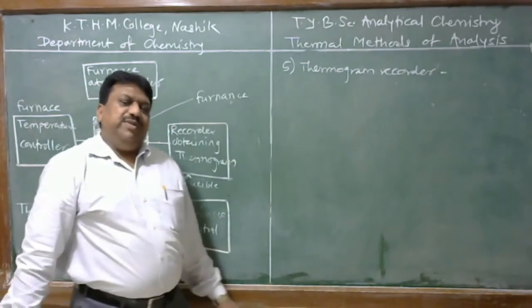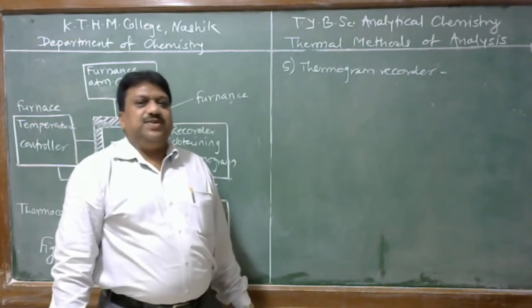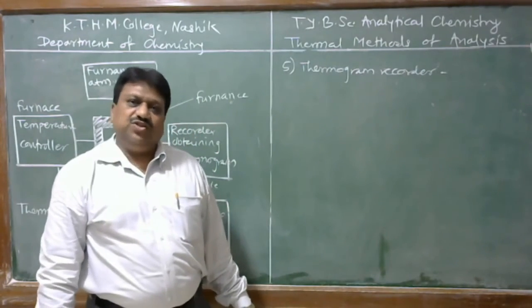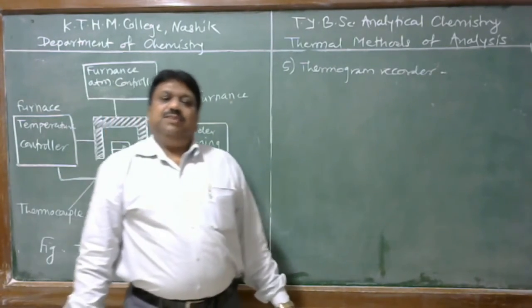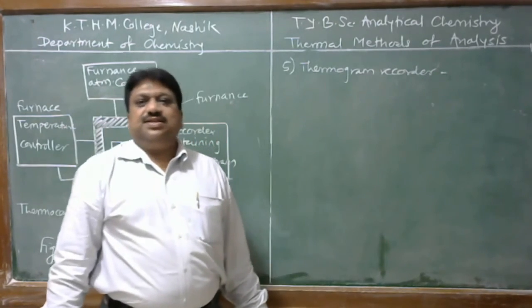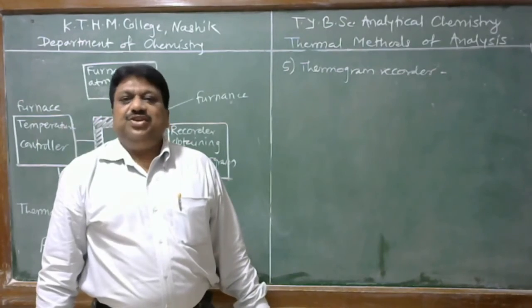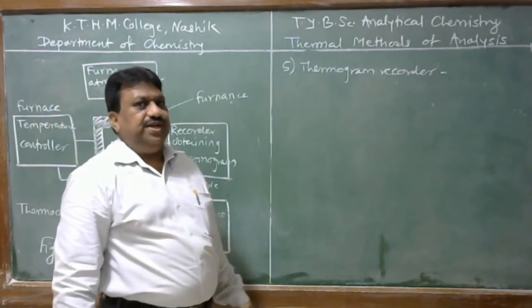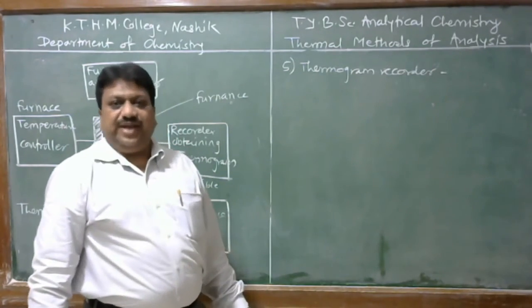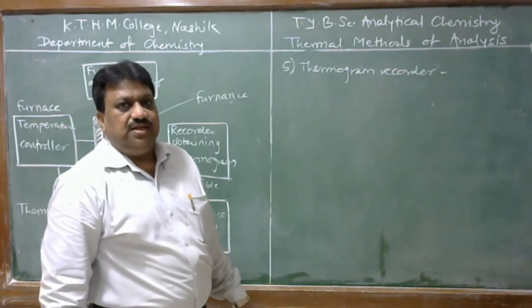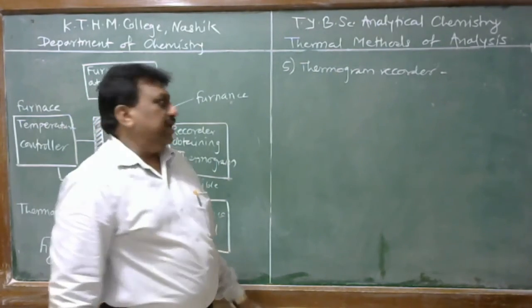In thermogravimetric analysis, change in weight of a substance is recorded as a function of temperature. Sometimes change in weight of a substance is recorded as a function of time when temperature is constant. Therefore, there are two types of recorder used in recording the thermogram.